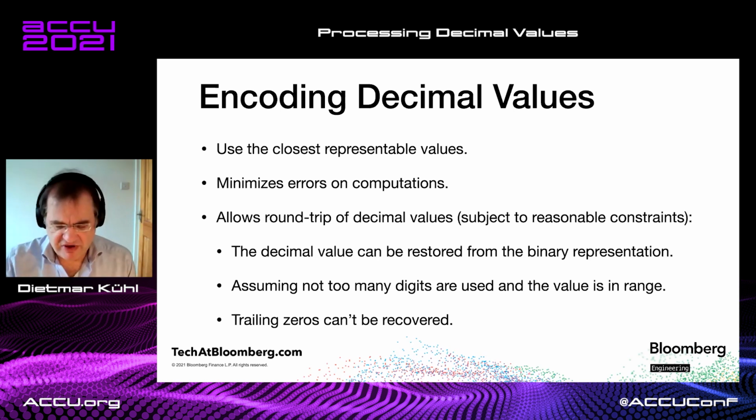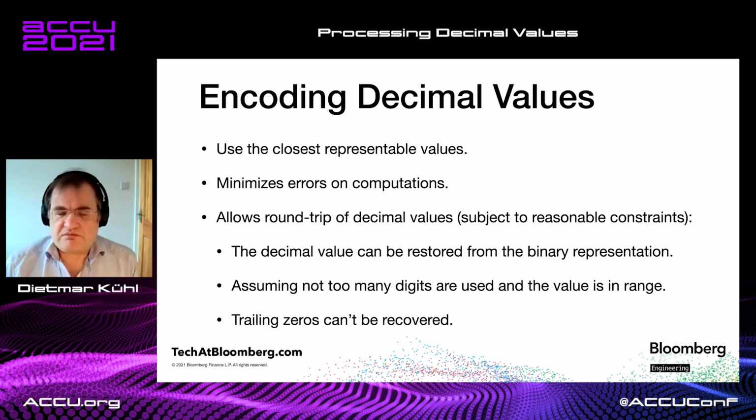We can, because 25 happens to be a negative power of 2, 2 to the power of -2. So in practice, we basically represent the decimal value as the closest representable value. And this is fundamental for the computer giving us back the answer we kind of expect, because there are algorithms to basically say, if a binary value stores the closest value to a decimal, we can actually recover the value. We'll talk a little bit about that in a bit.